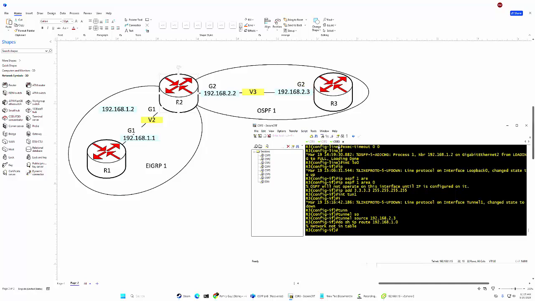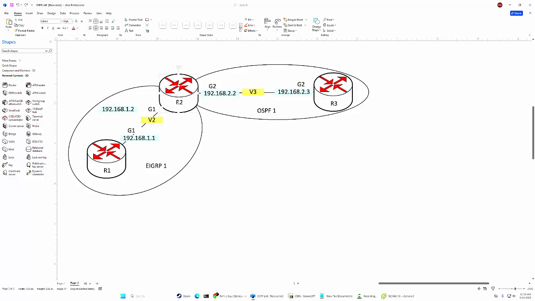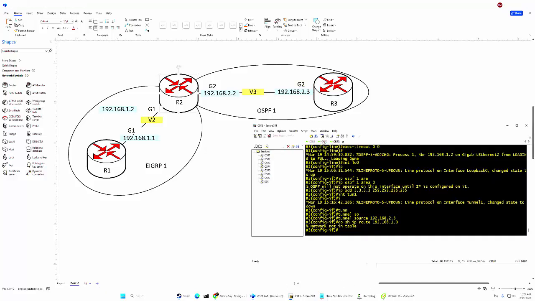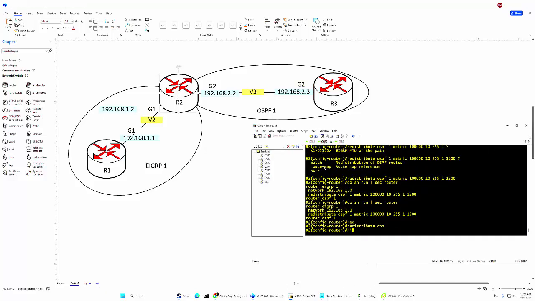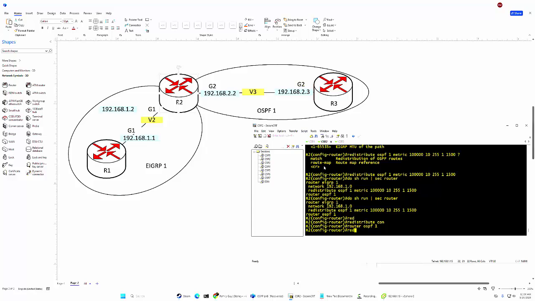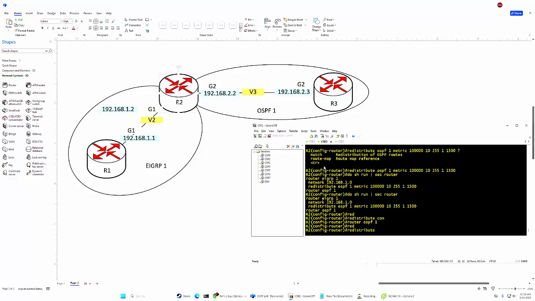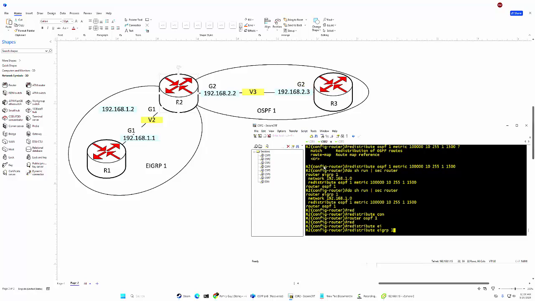Nonetheless, if I built a tunnel over here to here, we still can prove this. But now I have to go over to router 2 and say router OSPF 1, redistribute EIGRP 1.